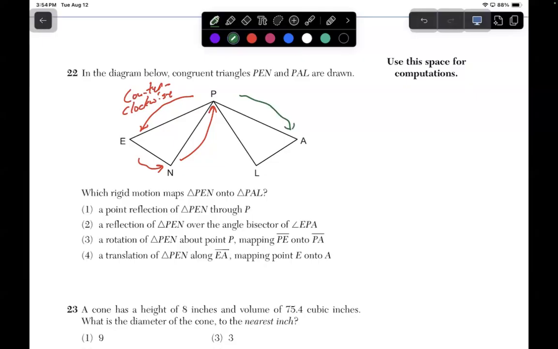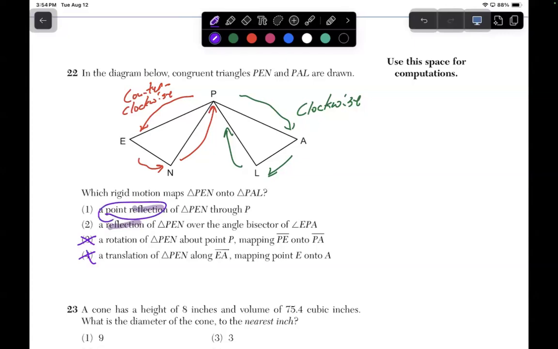PAL. Going the opposite way. This is clockwise. So I'm going to look for those words reflection again, because it has to be a reflection. There's no reflection there. There's a reflection here. So it's got to be either 1 or 2. It's definitely not this one or this one.